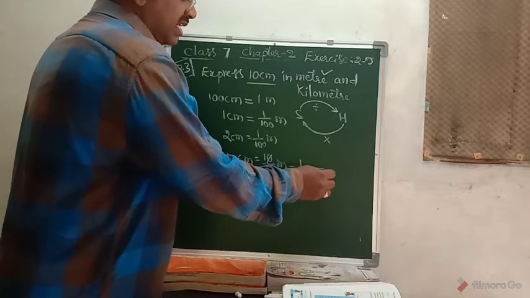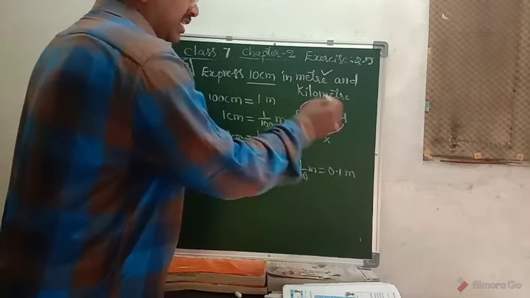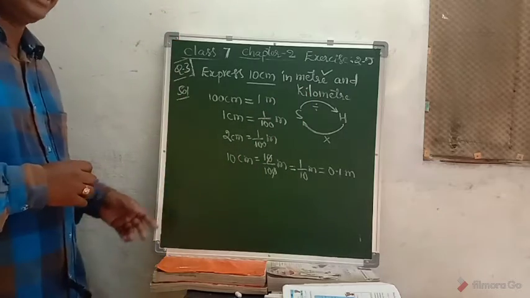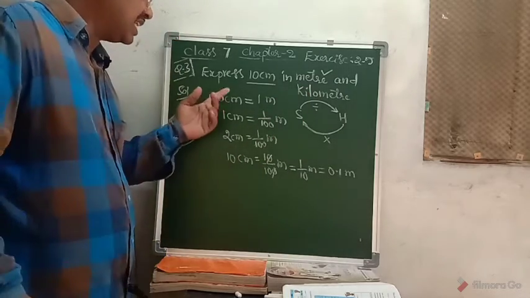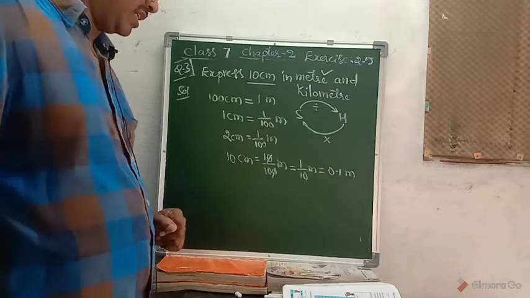Written in decimal form, it is 0.1 meters.